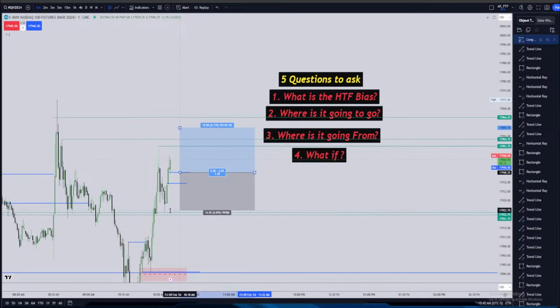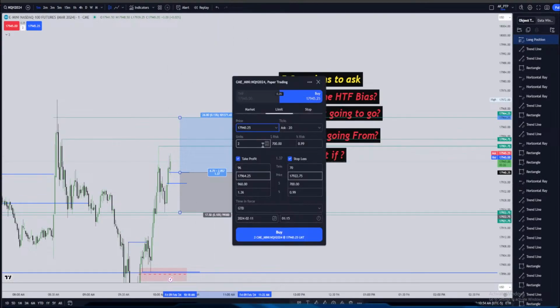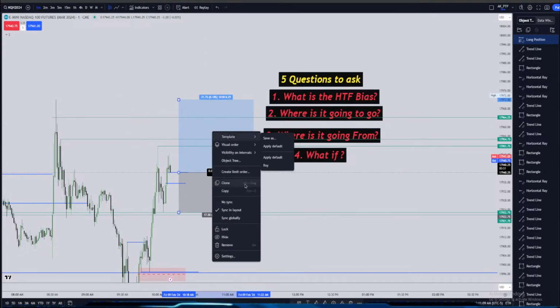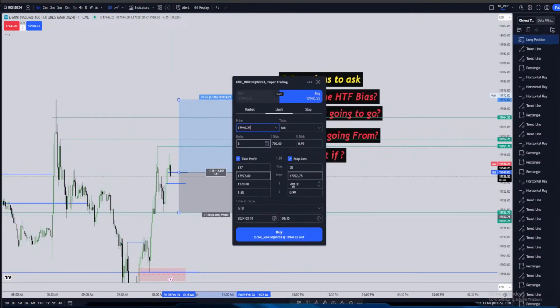This "what if" will cover a lot of areas. How much are you willing to take as a loss, like take the risk for? If your risk is something that you cannot tolerate, let's say with one lot I'm getting $350 worth of risk and getting $480, I might not consider a trade from here, or even this high that can give me a bit more of a reward, but still I might not consider an entry.